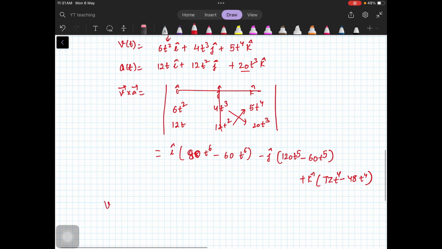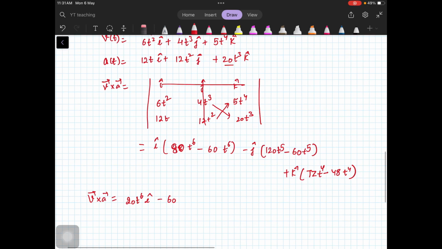So your V cross A vector is going to be 20 t raised to power 6 i vector minus 60 t raised to power 5 j vector plus 24 t raised to power 4 k vector.